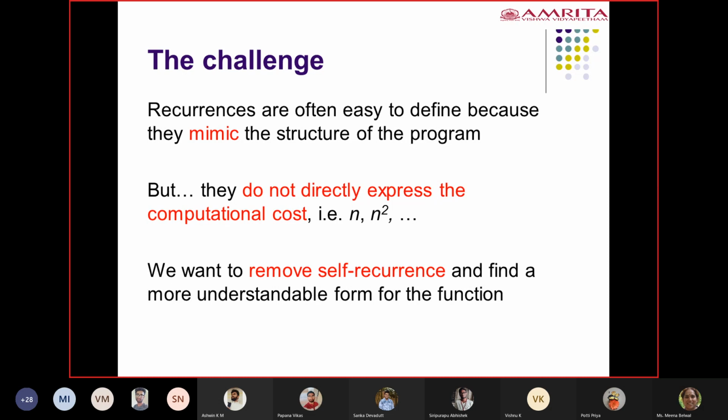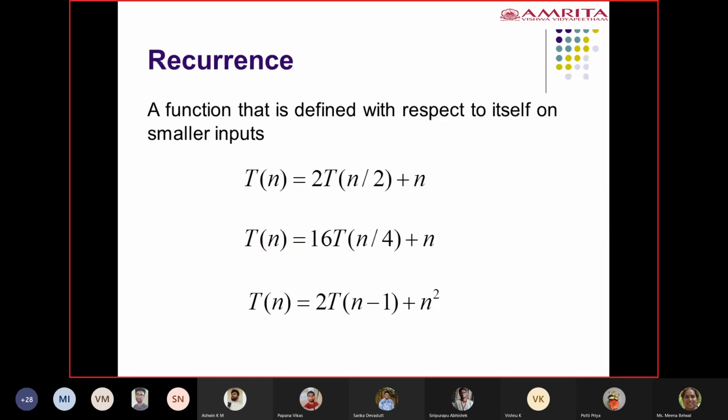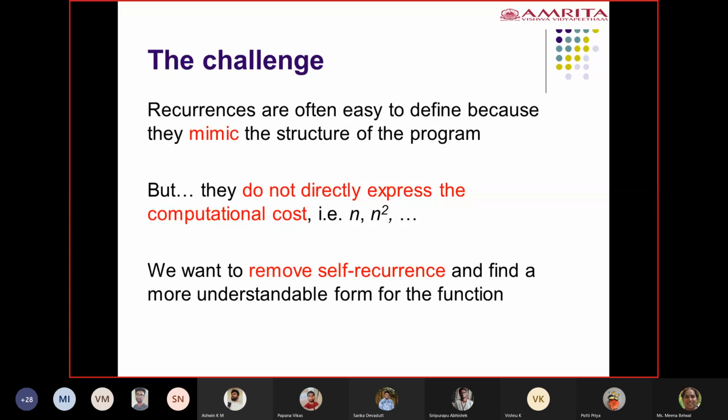By seeing these relations, you cannot directly find out whether the cost is going to be n log n, or n square, or n cube, or n square log n. That is a challenge.